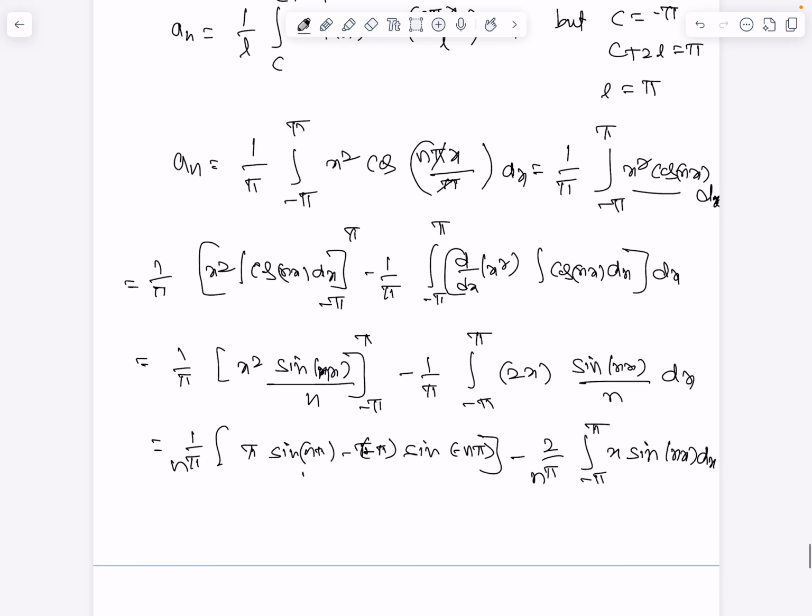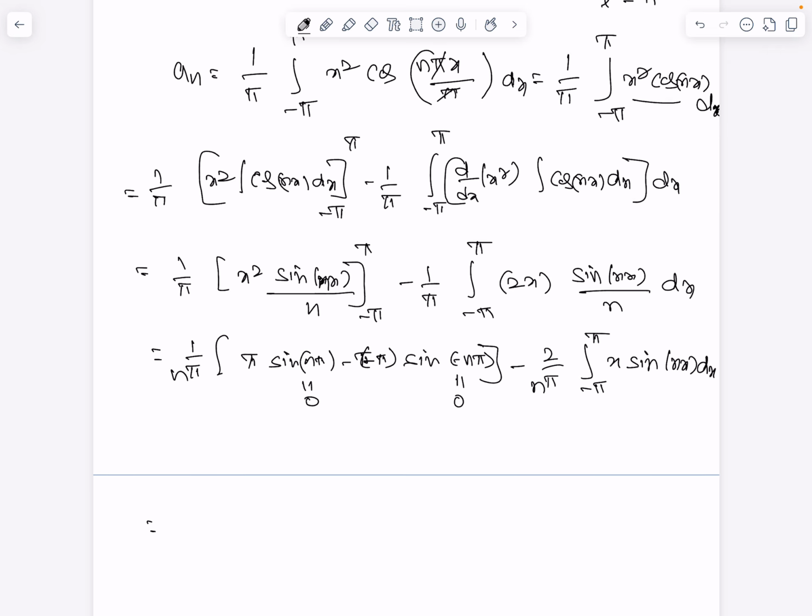And here you see sin n pi is 0, sin of minus n pi you can write as minus sin n pi, but sin n pi is again 0. Therefore, your output reduces to minus 2 by n pi, integral from minus pi to pi of x sin nx dx.